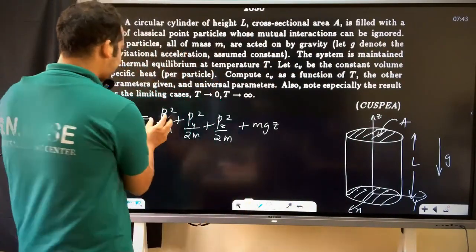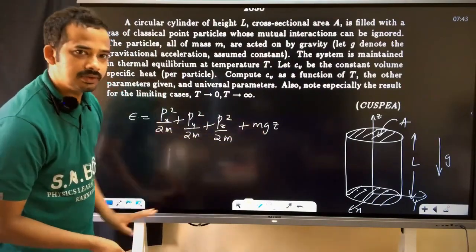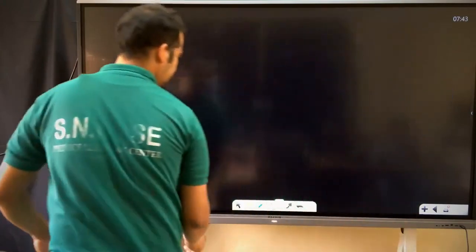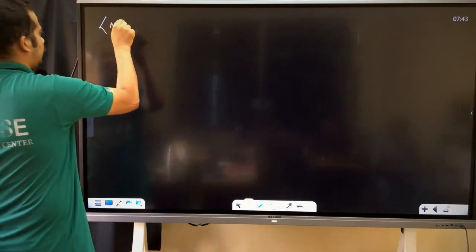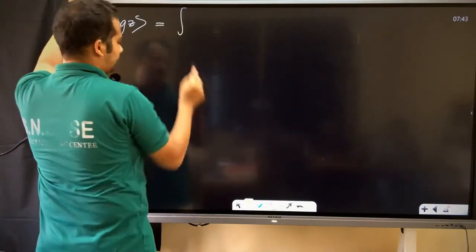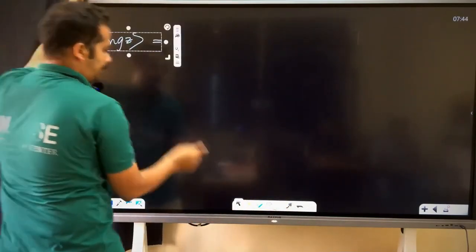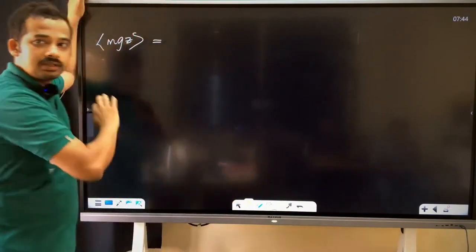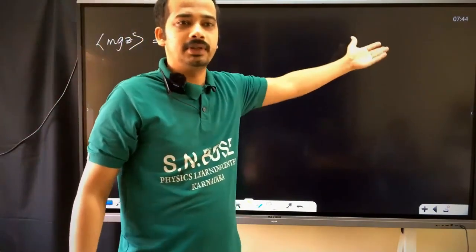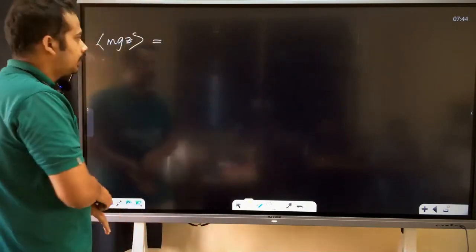Now, this part of the average you already know, equipartition theorem. Only the average of mgz you need to find, isn't it? So I'll write the average of mgz on a different slide. It is mgz into the probability of r to r plus dr, p to p plus dp, divided by the integral of the probability. All other parts will get cancelled.